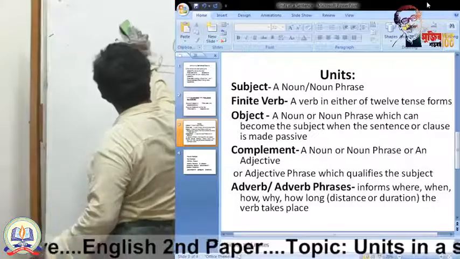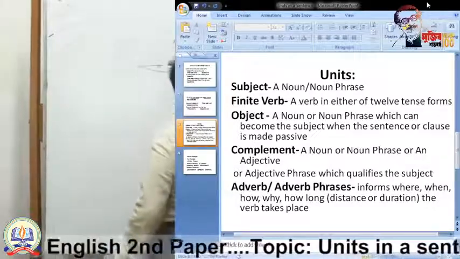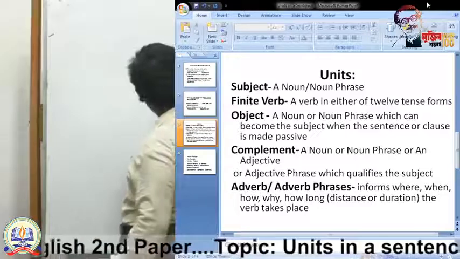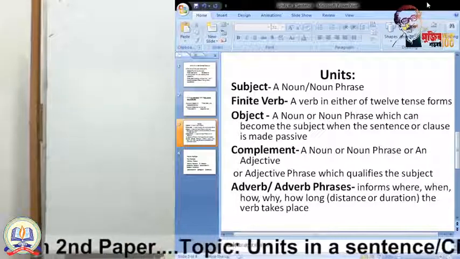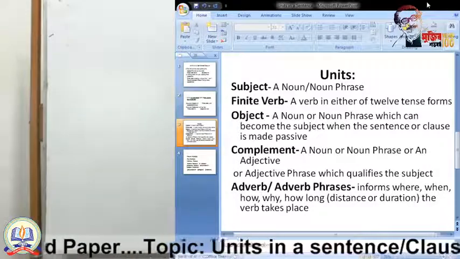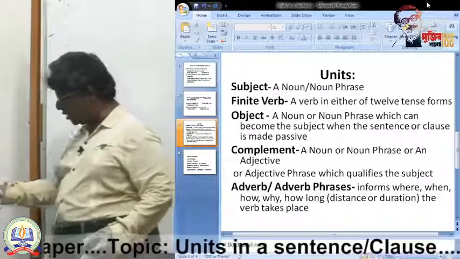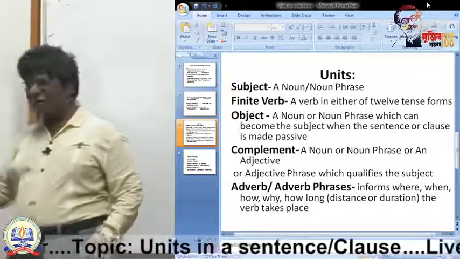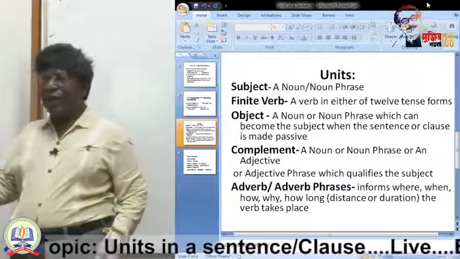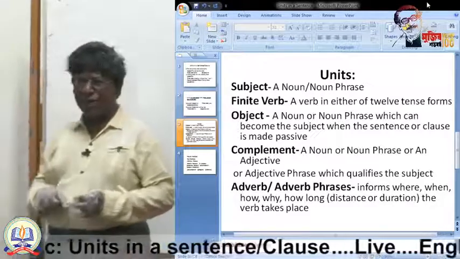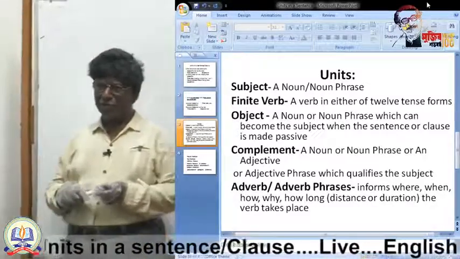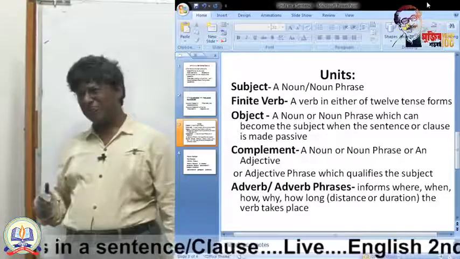As you have already heard from me about the existence of clauses in the sentence, how is a clause made? A clause is made by a finite verb and a subject.